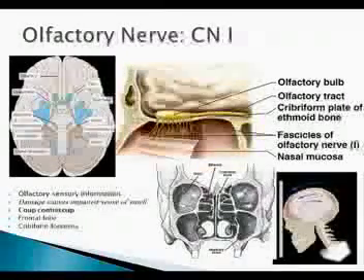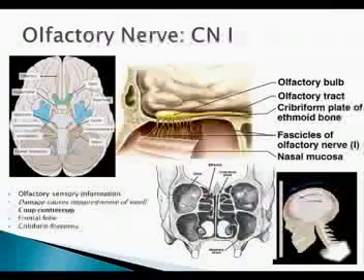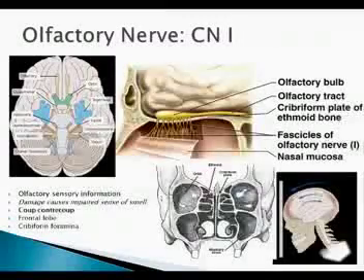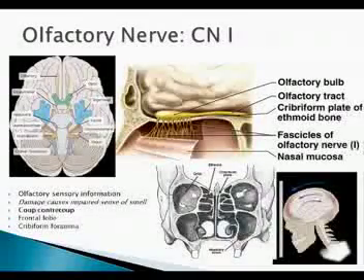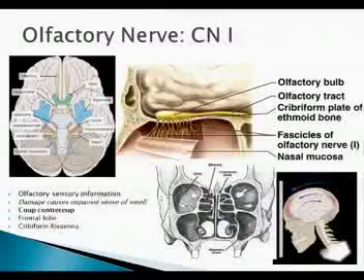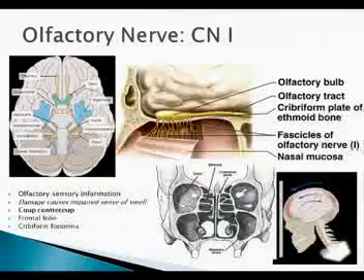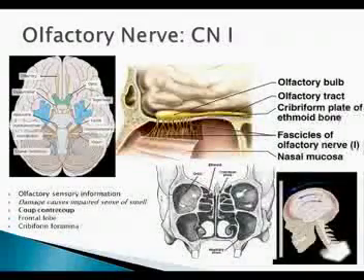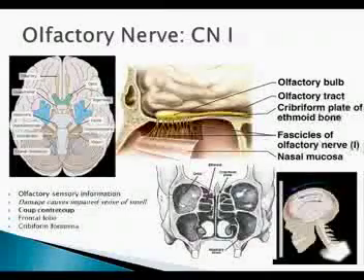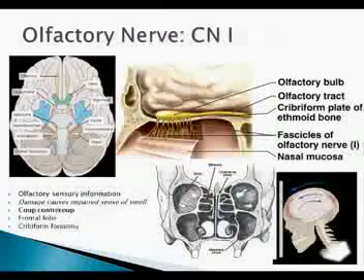Since these nerve endings pass through this bone, the brain slides over that olfactory bulb and can sever those nerve endings, those fascicles. The end result is that you can lose your sense of smell. Sometimes you hear that people in car accidents lose their sense of smell afterwards, and sometimes they regain it, sometimes they don't, all depending on the extent of the damage. But it's because the brain is sliding over the olfactory nerve, which has these parts that extend into the external environment.